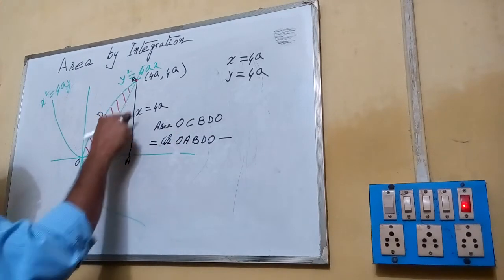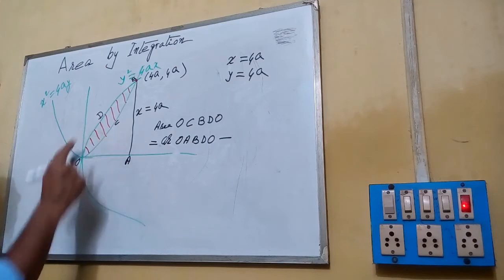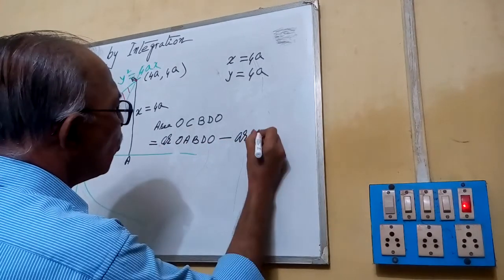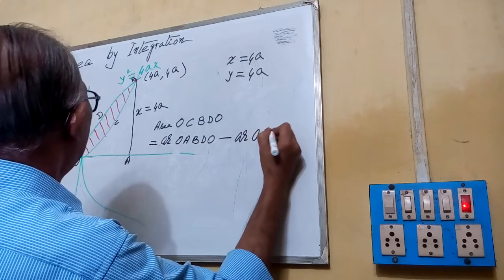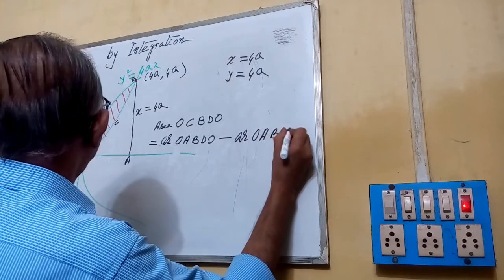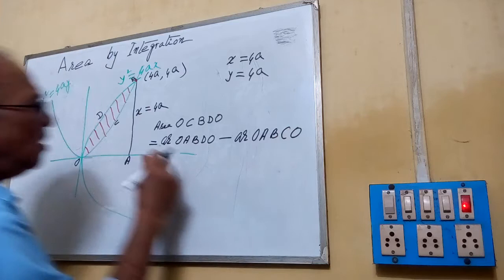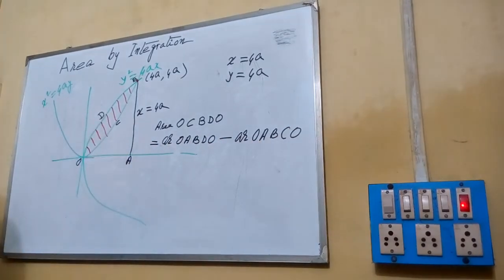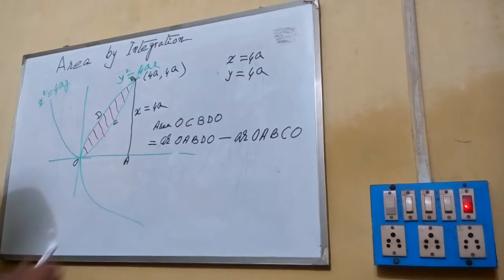Minus, we can subtract this white portion, that means area of O, A, B, C, O. If we subtract this area, we get this shaded area. So what does it mean?